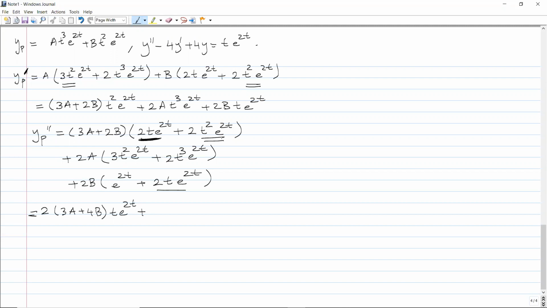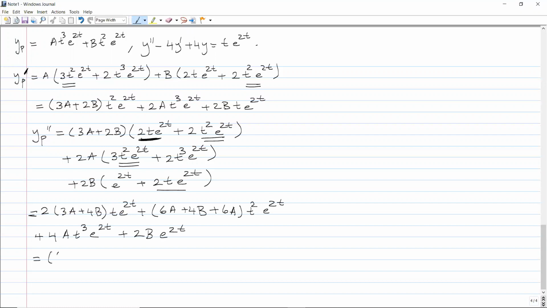Now t squared, we have a term here and a term here. So in the first term, the coefficient of t squared is 2, and in the second term it is 3. So let's be careful. If I multiply by 2 in the first term, I get 6a plus 4b. And from the second term, multiplying 2a with 3, we have plus 6a, t squared e to the 2t. And then we have just one term with t cubed, plus 4a t cubed e to the 2t, and then 2b e to the 2t.